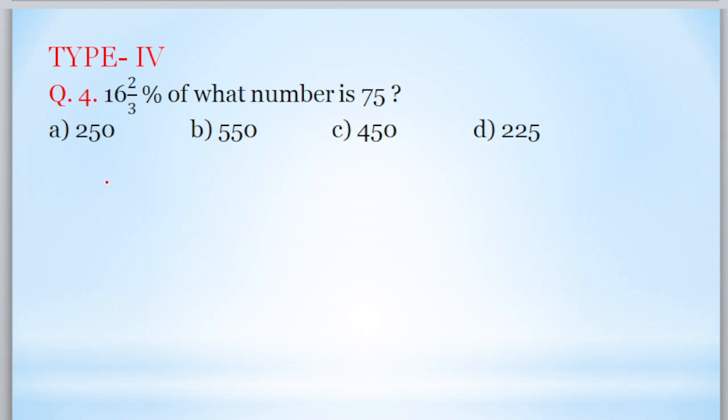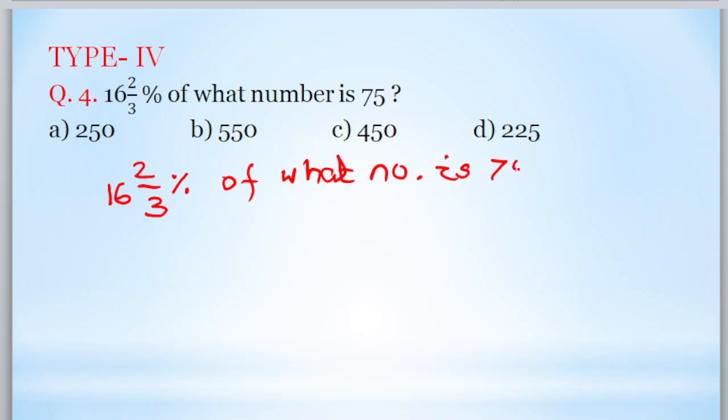Now I have to write here 16 whole 2 by 3% of what number is 75. Now here listen, to remove this percentage symbol we have to divide that number by 100.